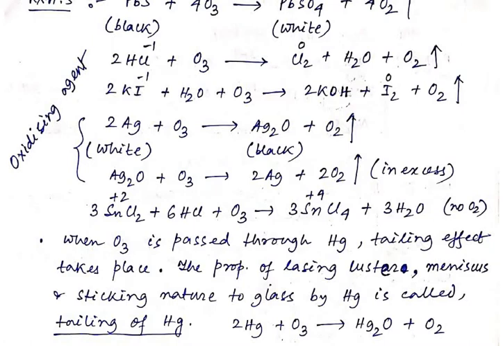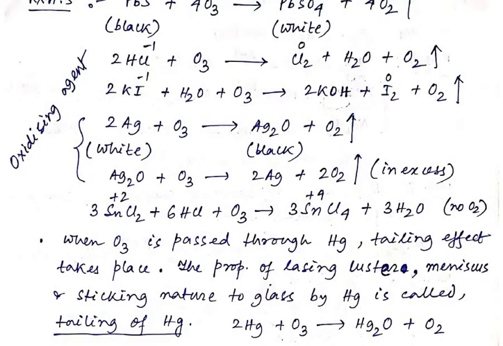Now we are going to the next reaction. Everybody knows that silver is shiny white in color, but when it reacts with ozone, Ag2O, silver oxide, is formed, and that is black in color. In this reaction also, ozone is acting as an oxidizing agent.